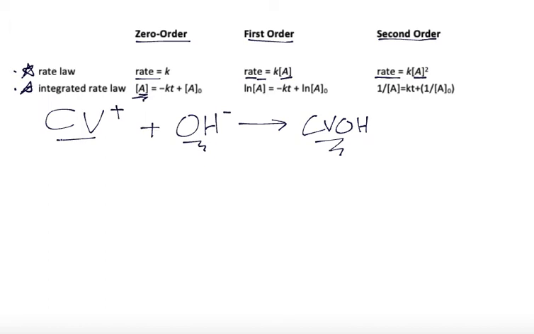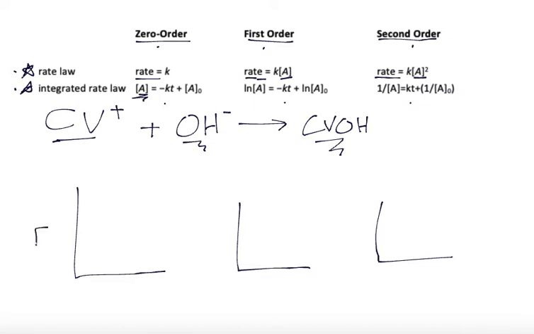Now, for y'all's lab, the way that we are going to determine the order of the reaction, whether it's 0, 1, or 2, is basically by constructing three graphs as our reaction proceeds. The three graphs we're going to create are going to be using these three different types of integrated rate laws.